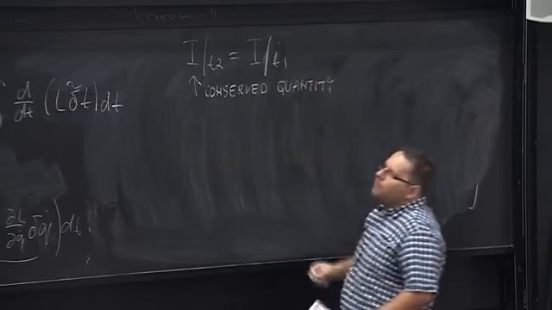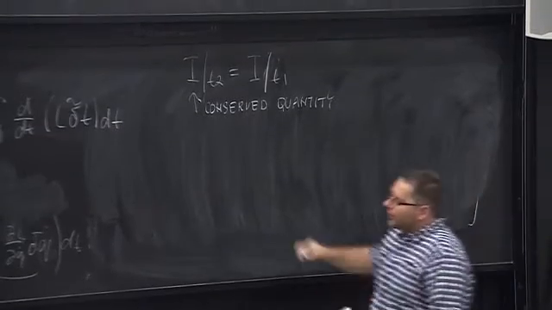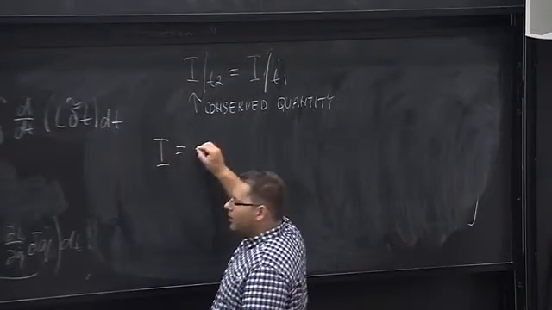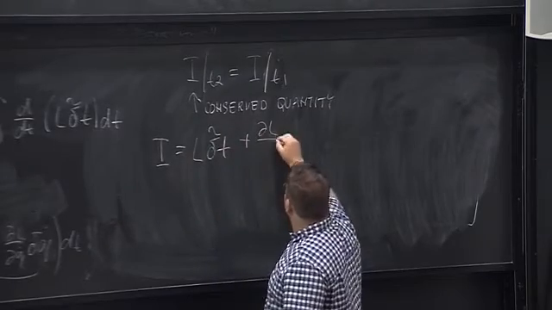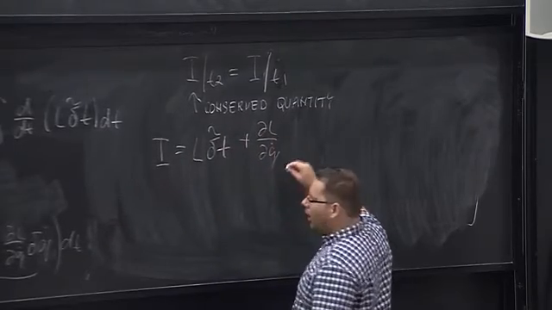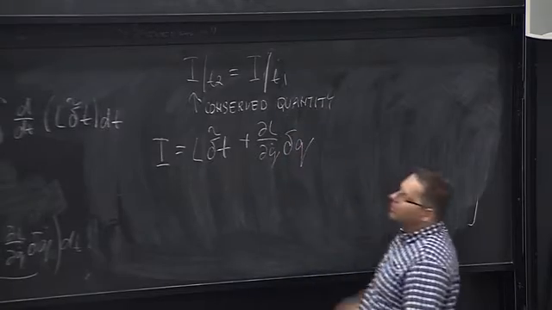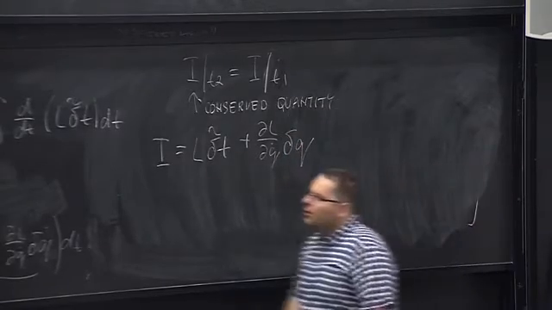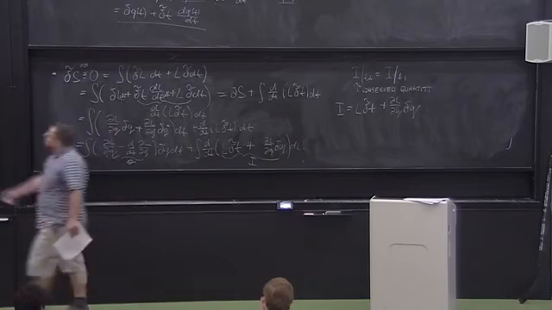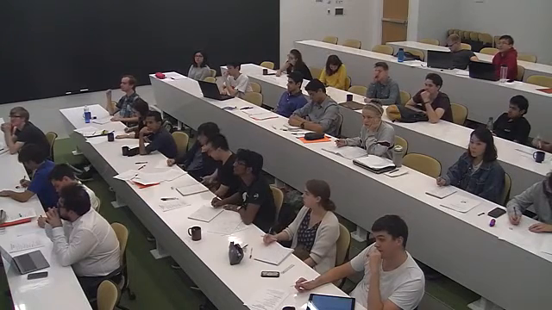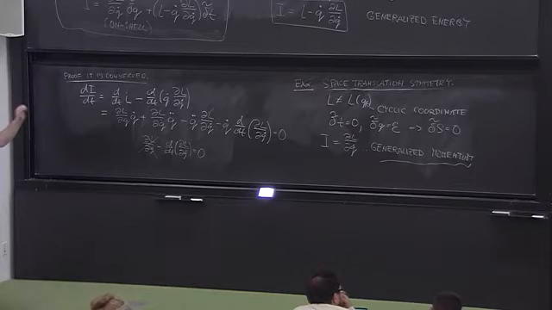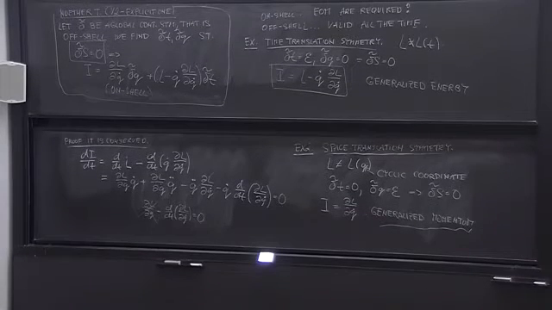And so what this conserved quantity I is: L delta tilde t plus dL over dq dot delta q. Well, it's almost what I have given here, except that this thing here is written in terms of delta tilde q and delta tilde t.